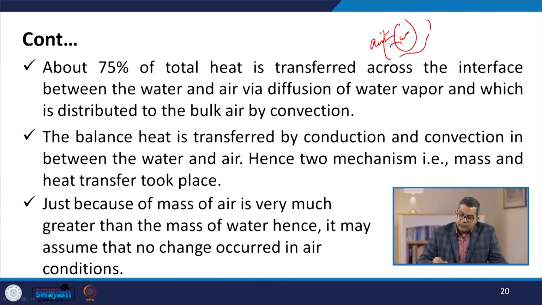Now, this is distributed to the bulk air by convection. So, first the diffusion, and then the convection. So, convective heat transfer applies. The balance of heat is transferred by conduction and convection between the water and air.